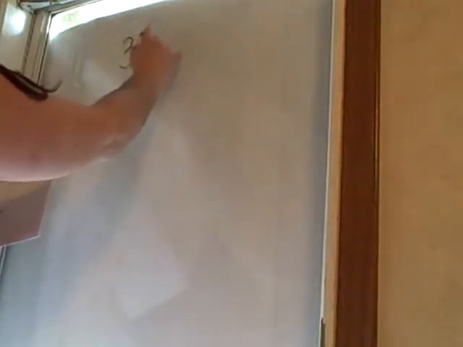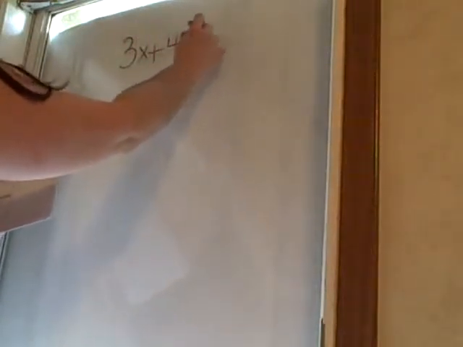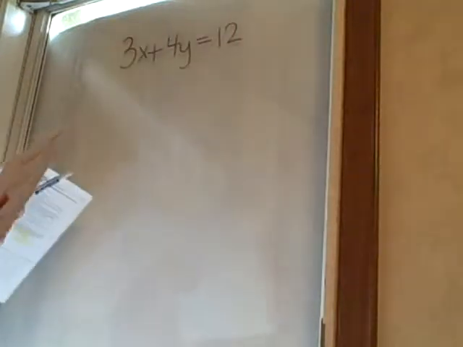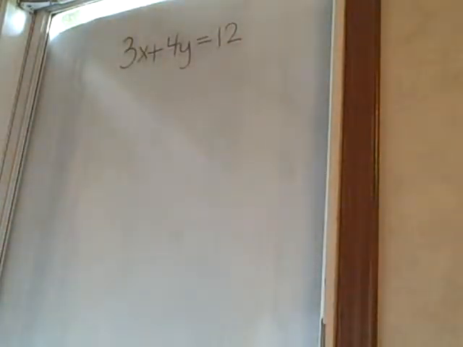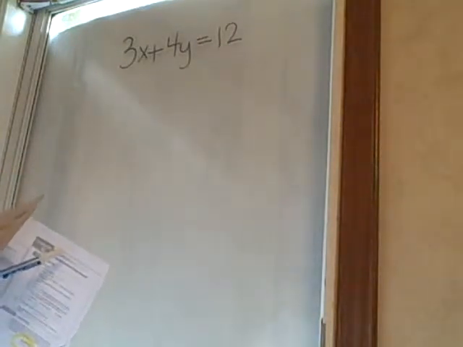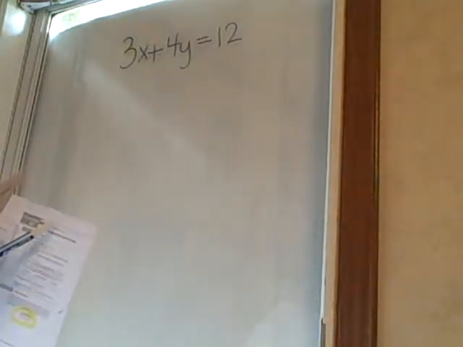Let's look at our first example. Our first example is 3x plus 4y is equal to 12. Notice that this equation is different from the other equations that we've seen graphing before.